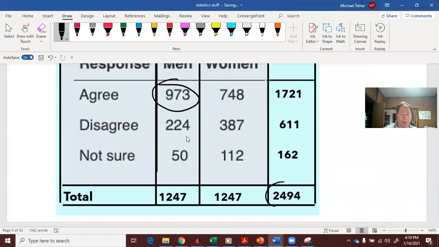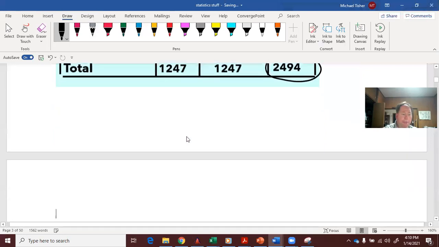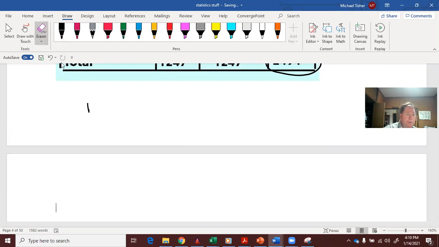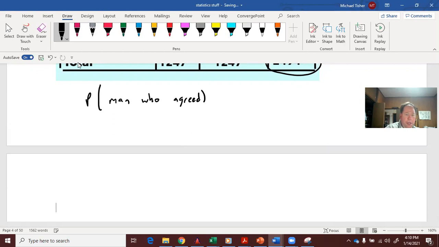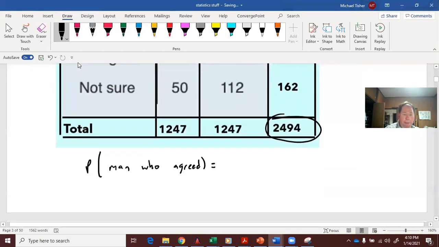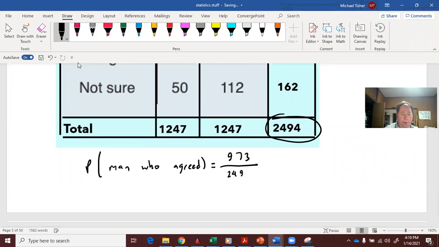And that total is right here, which is 2,494. And so we can say that P of man who agreed is equal to 973 over 2,494.